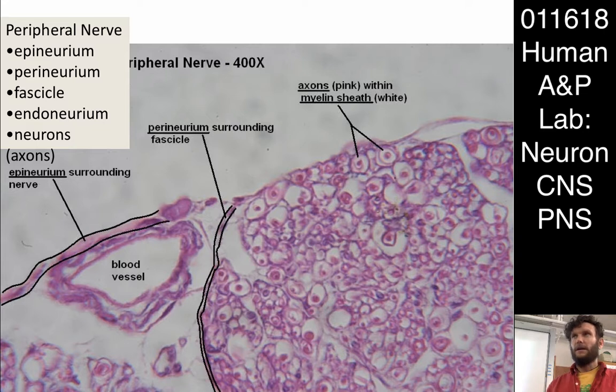Just like in, did I show you a picture? It might have been one of the things that hit the cutting room floor, but did I show you a picture of adipocytes, fat tissues? I did, yeah. And the inside of the adipocyte is all white. And the same thing here. So that white ring is simply the myelin sheath.